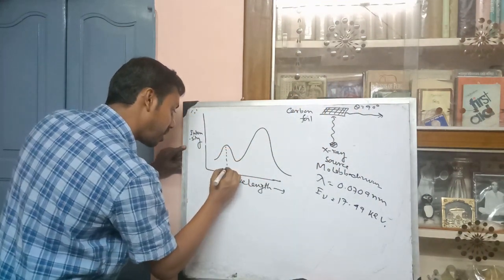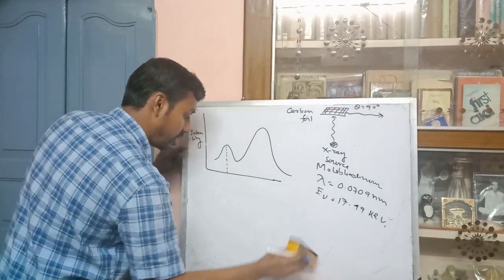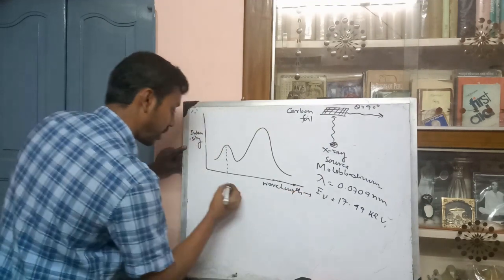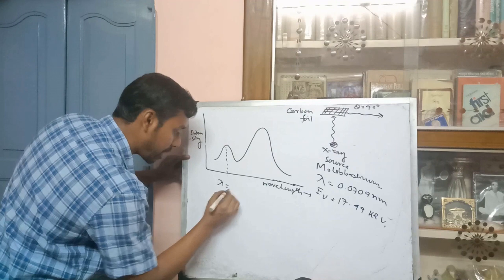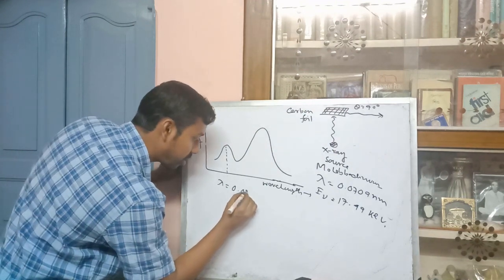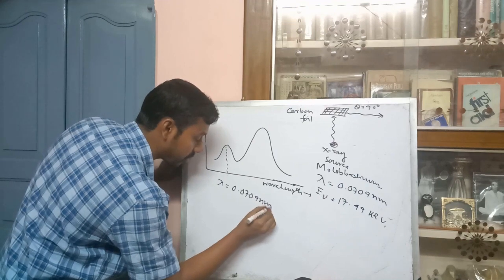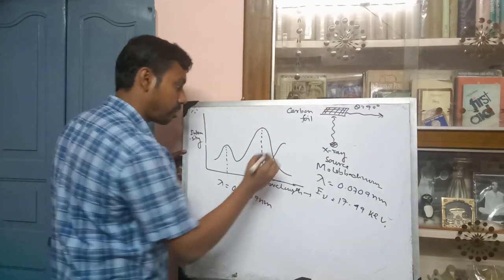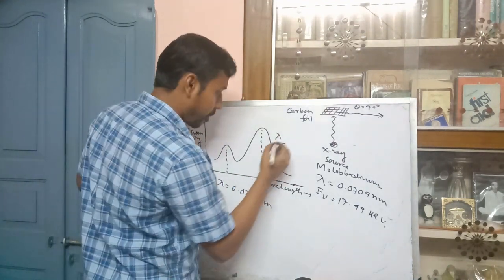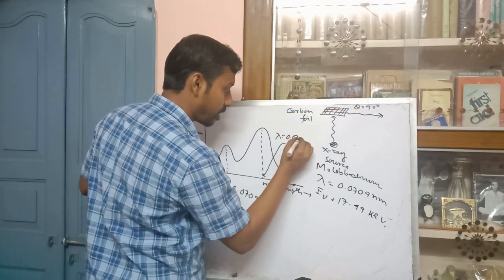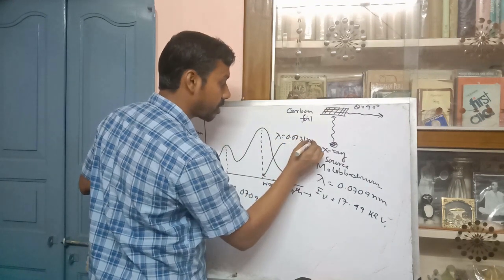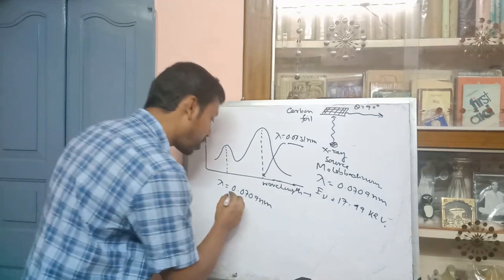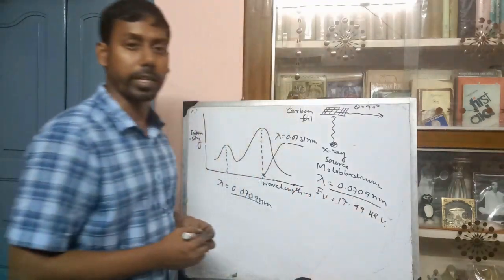The first peak comes at lambda equal to 0.0709 nanometer, exactly the same as the wavelength of the incident radiation.